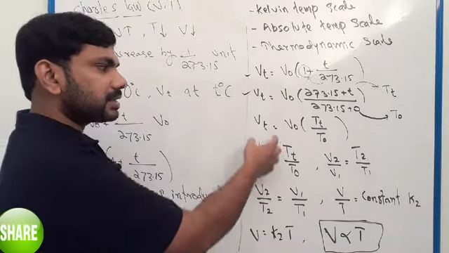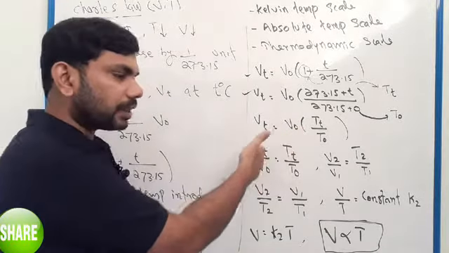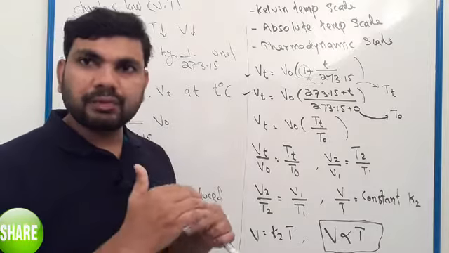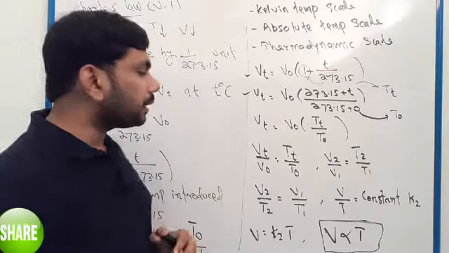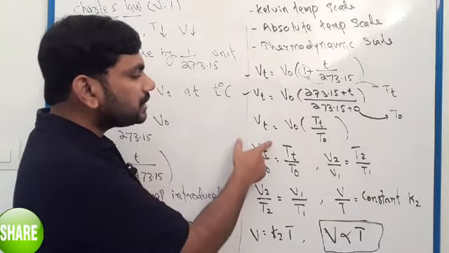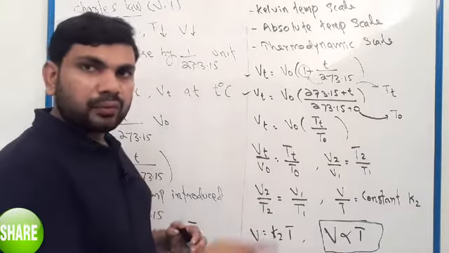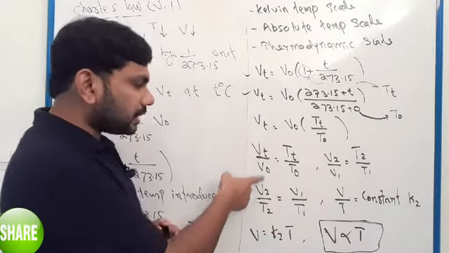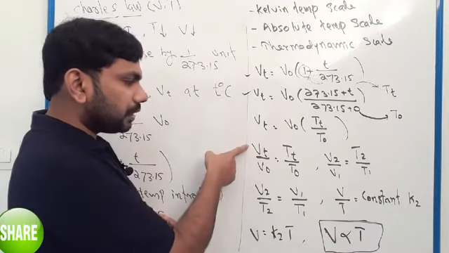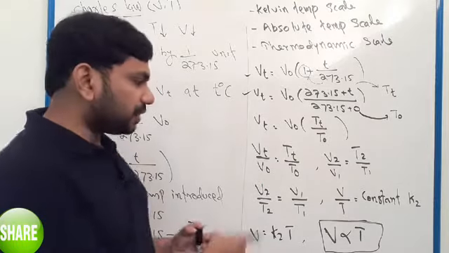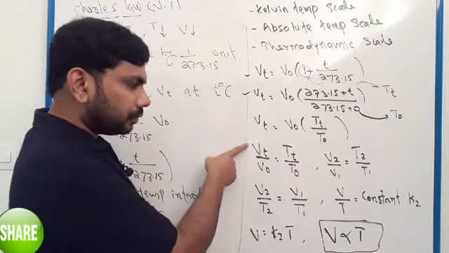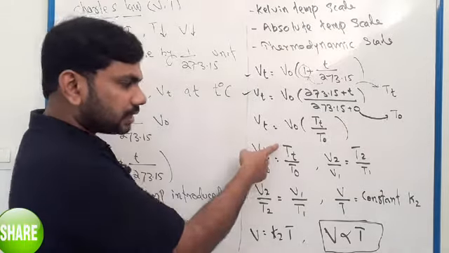Okay, then rearrange this equation. Bring V0 over here. So you can write Vt divided by V0 equal to Tt divided by T0. Vt and V0: this is initial volume, this is final volume. This is initial temperature, this is final temperature. First volume, second volume; first temperature, second temperature.